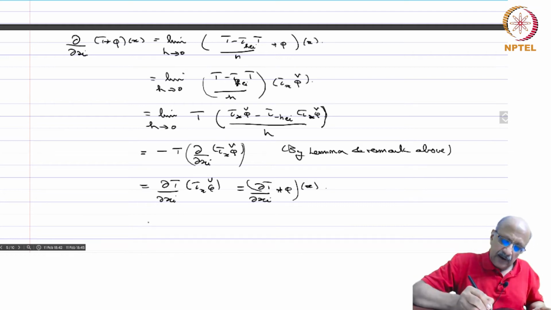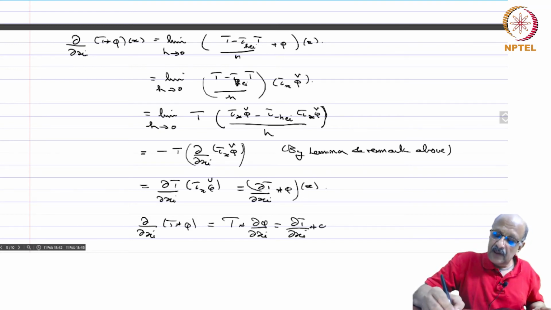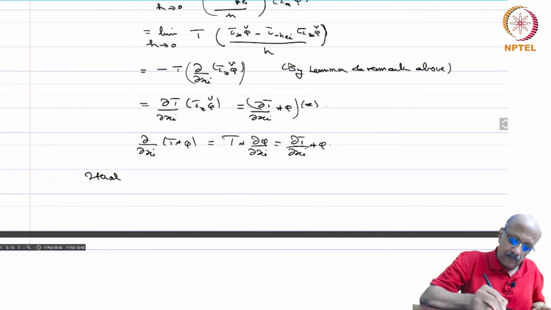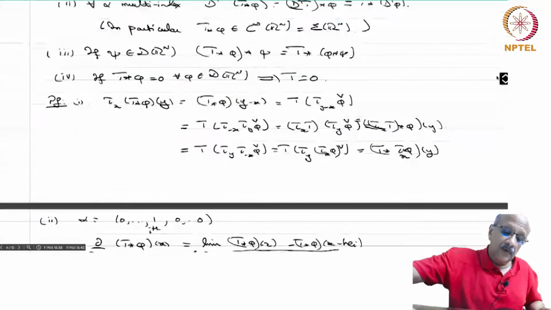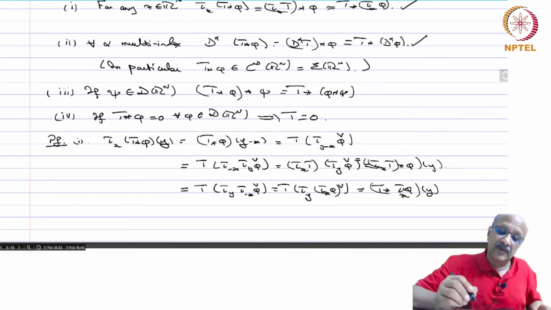Therefore, you have d by dxi of T star phi equals T star d phi by dxi equals dT by dxi star phi, and now you iterate to get it for all multi indices alpha. So you see, you can push the derivative wherever you like, and therefore it makes it a C infinity function because you have just shown that.